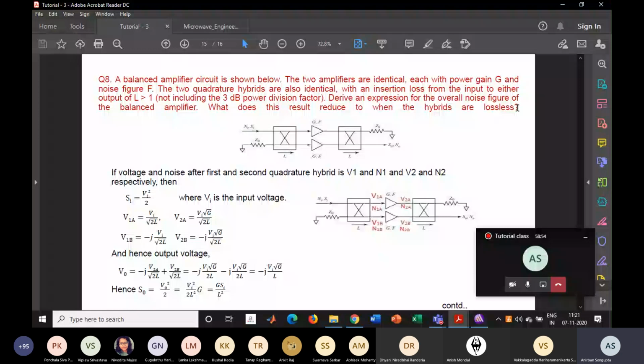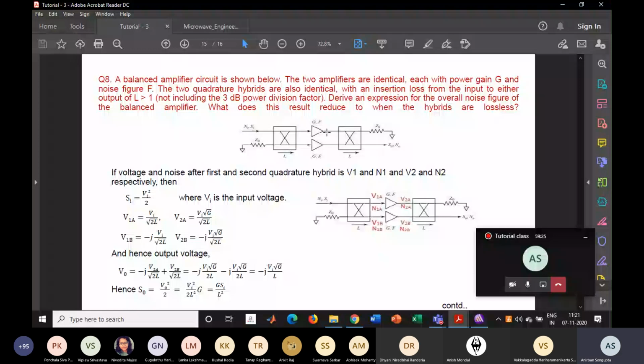For finding the noise figure of the overall system, we have to consider a few things. That is, the voltage and noise after the first and second quadrature hybrids. This one is the first quadrature hybrid; after it, that means at the input side of these amplifiers, and the second quadrature hybrid is at the output side of the amplifiers.